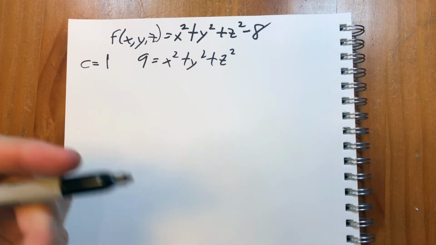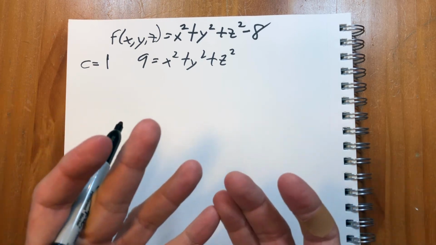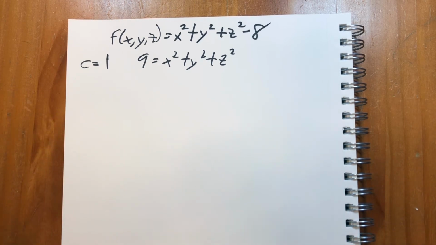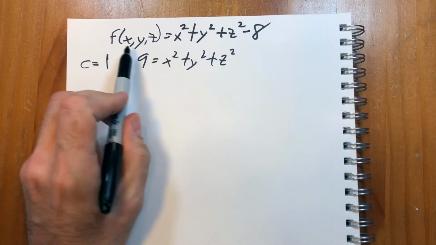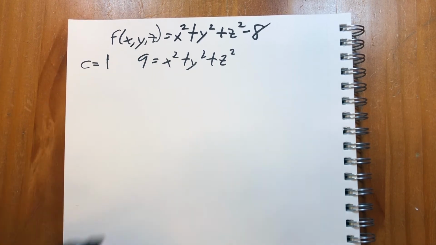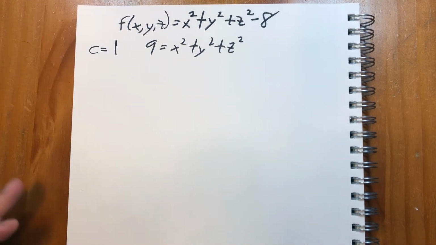Okay, so we can picture what a level set of three variables is because it's in three-dimensional space. And a level curve is easy because it's just on a plane. But if there's any more than three variables, then it's impossible to visualize. So we're just going to concentrate on n equals 2 and 3. Okay, so all the surfaces we've been looking at so far have been very simple.